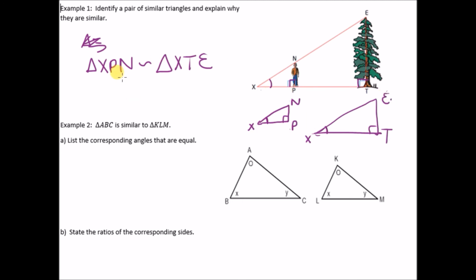And why are they similar? They're similar because their angles are the same. So let's say angle X equals angle X, and angle P equals angle T.